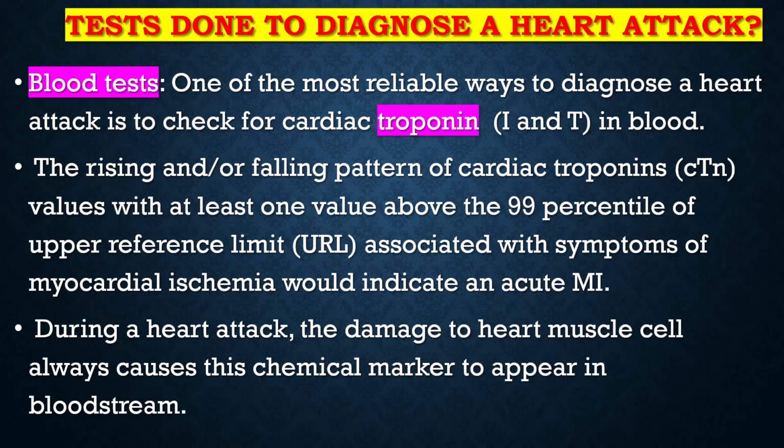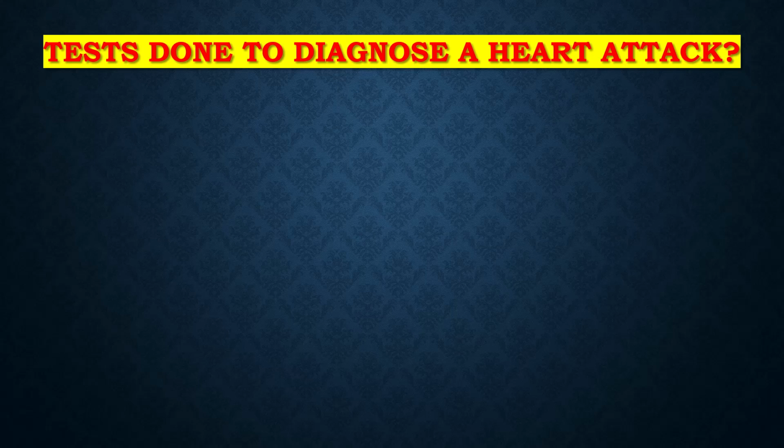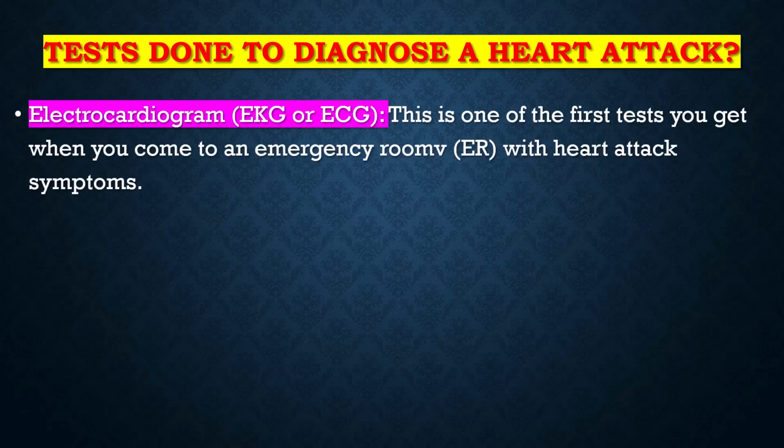The rising and or falling pattern of the cardiac troponin (cTn) value with at least one value above the 99th percentile of the upper reference limit (URL), associated with symptoms of myocardial ischemia, would indicate an acute myocardial infarction. During a heart attack, the damage to the heart muscle cells causes this chemical marker to appear in the bloodstream.